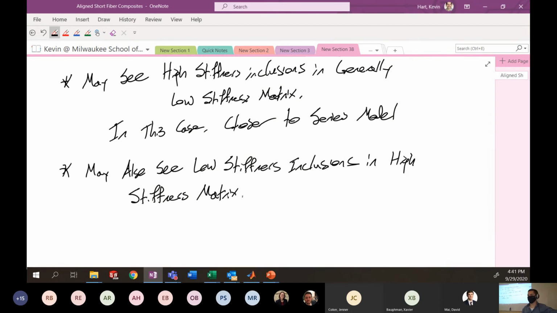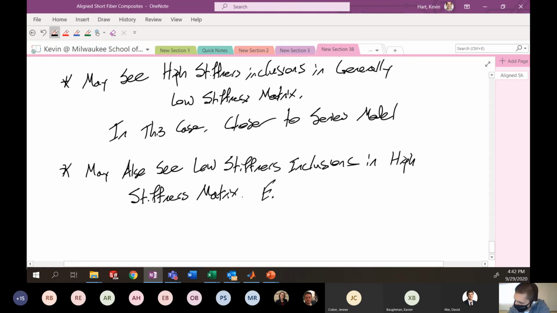So rubber generally has a lower modulus than epoxy. Most rubber's on the order of 5 to 50 MPa for its stiffness, whereas epoxy is on the order of 2 GPa, all right? So low stiffness inclusions might be included to help with toughness of your matrix, to stop crack propagation. It's a lot easier to rip open just pure epoxy than it is to rip open rubber toughened epoxy, okay?